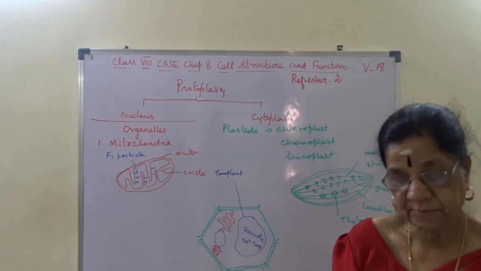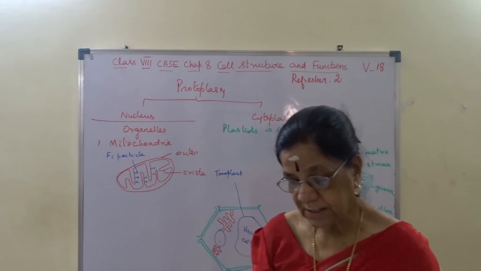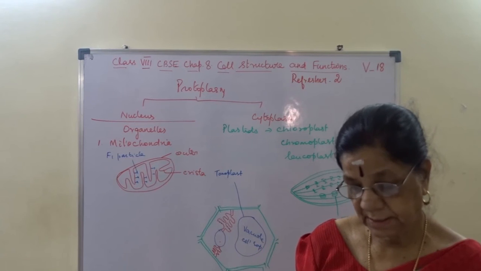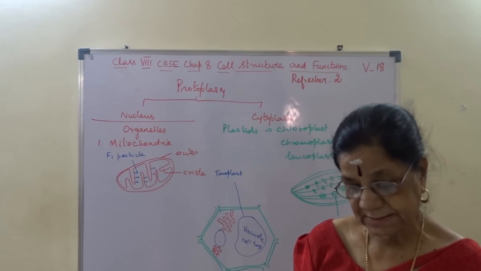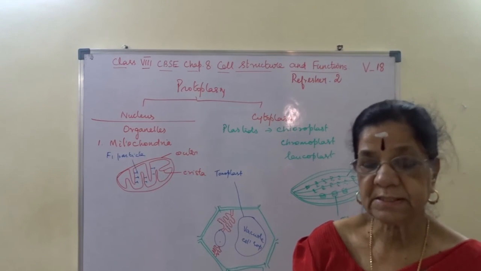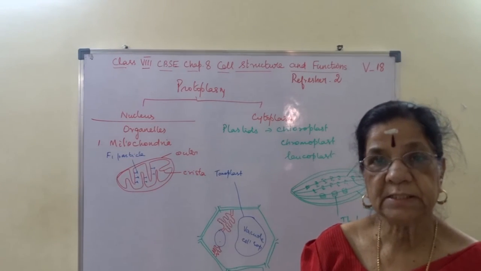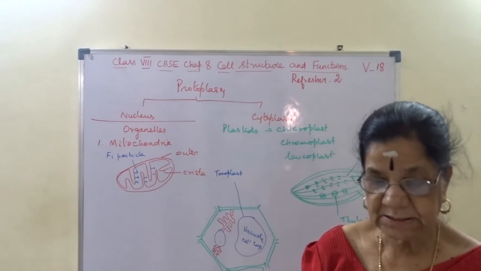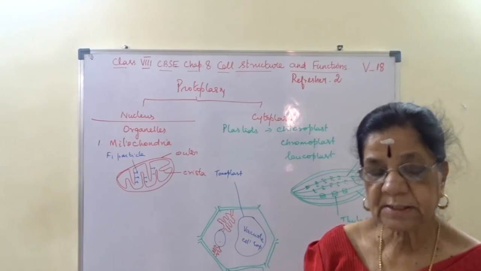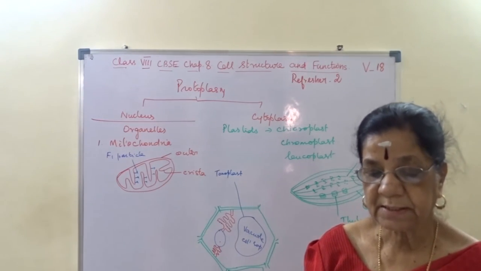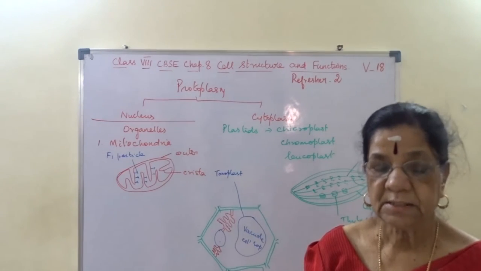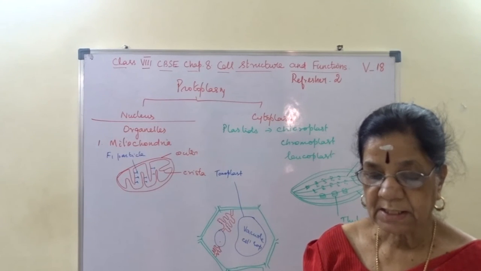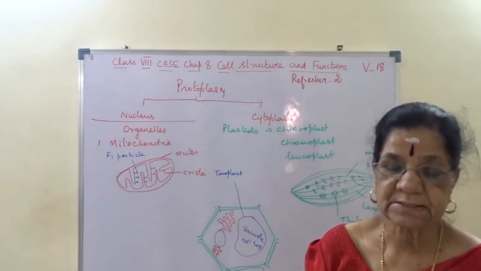I hope you understand. So each chloroplast consists of a double-membrane envelope and a matrix. The inner membrane is arranged along the length of the plastids as lamellae. At certain regions, the lamellae are thickened and appear like a pile of coins. These are grana, and each granum has a disc-shaped membranous sac.